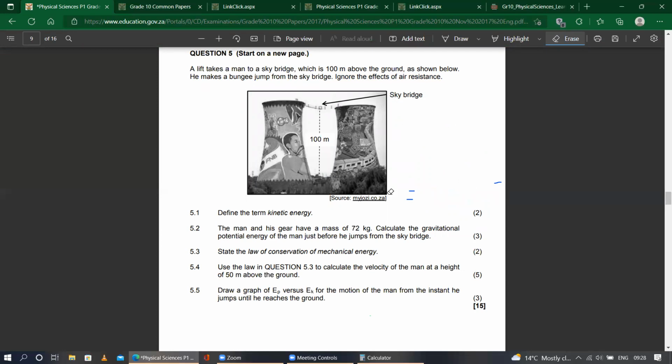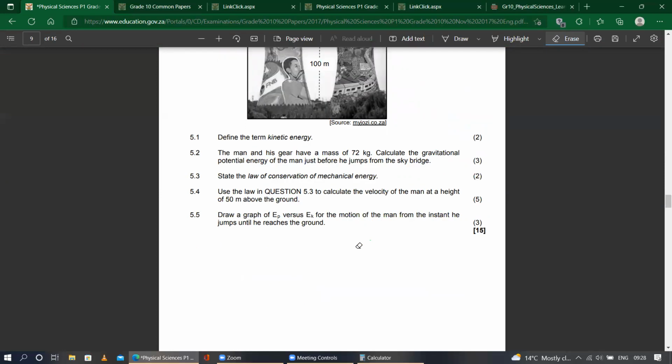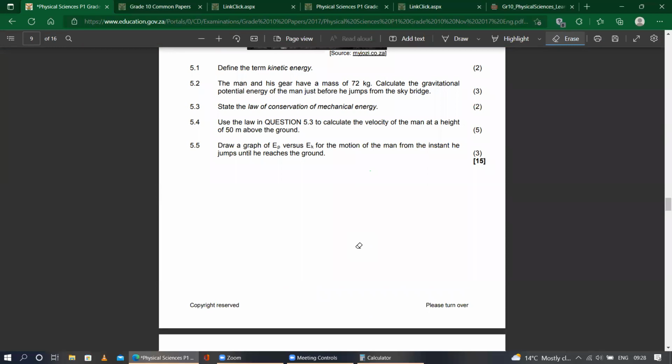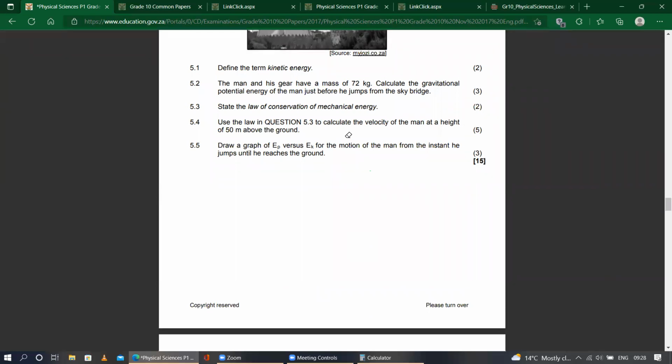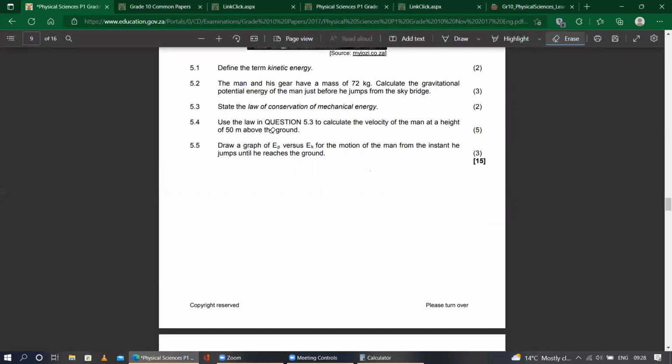So let's go to 5.4, where they say use the law in question 5.3 to calculate the velocity of the man at a height of 50 meters above the ground. Since now you know the law of mechanical energy, can you use it and find the answer?